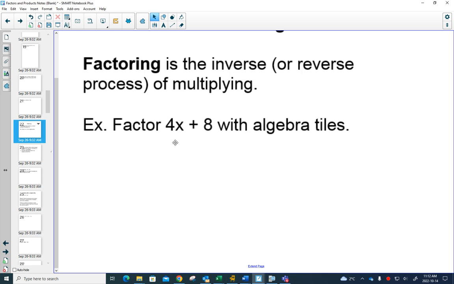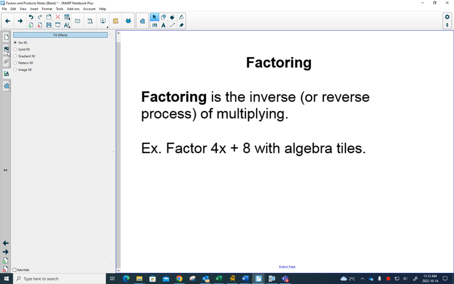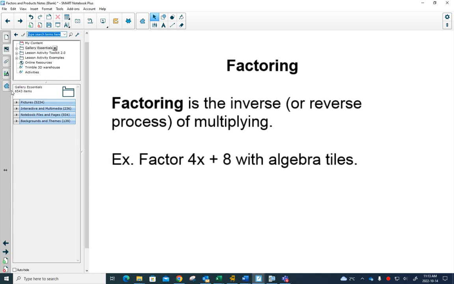Did you guys use algebra tiles in grade 9? Yeah. Do you remember them? Not fully. I'm going to find some.